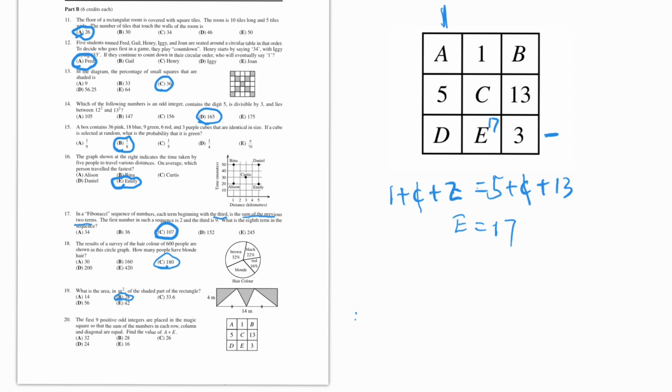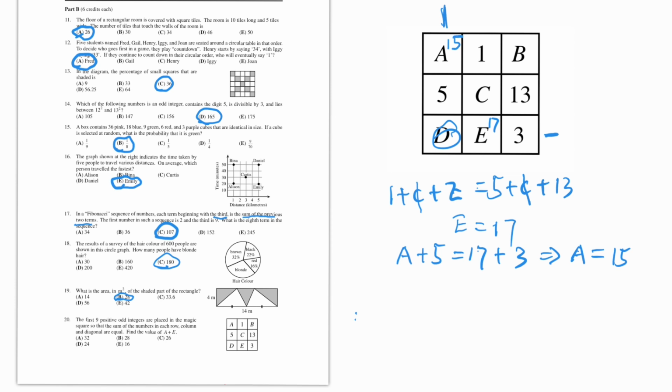Because the sums are equal, both have D. That means A plus 5 equals 17 plus 3. Now A equals 20 minus 5, that's 15. So A is 15.